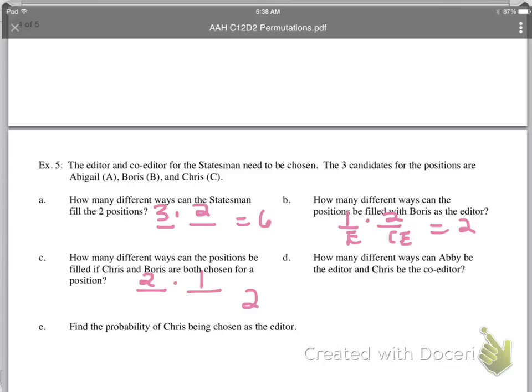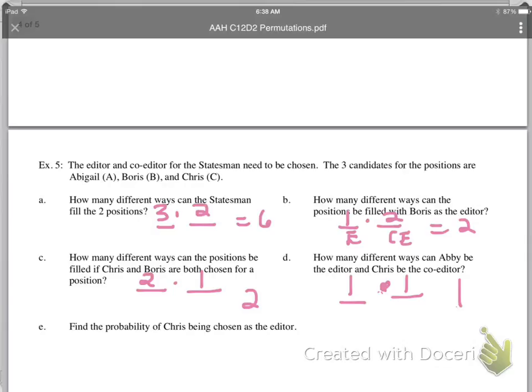How many different ways can Abby be the editor and Chris the co-editor? Well, there's 1 possibility for the editor, and 1 possibility for the co-editor. So there's a total of 1 way, right? Find the probability of Chris being chosen as the editor. Well, that's the number of ways, success, divided by the total number of ways.